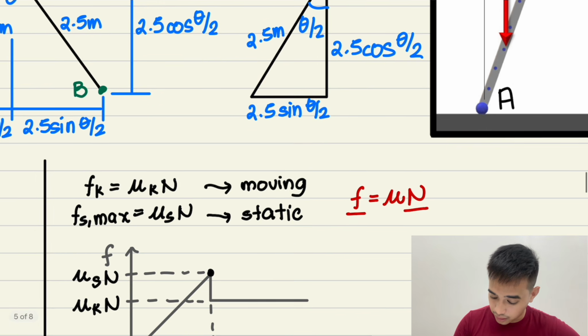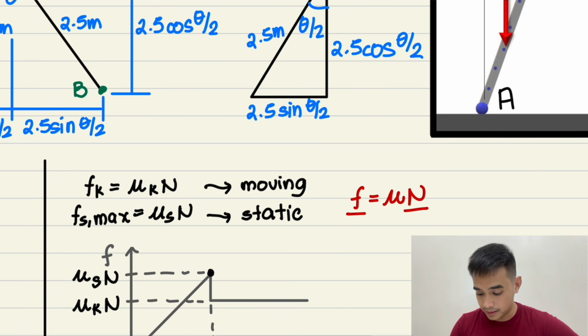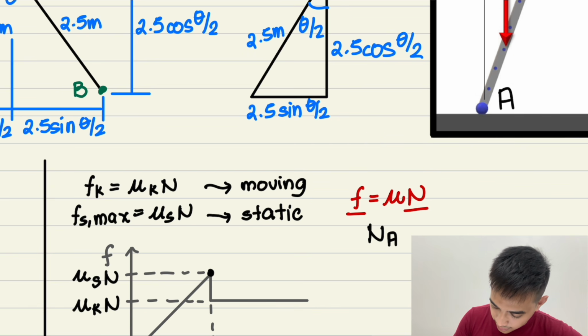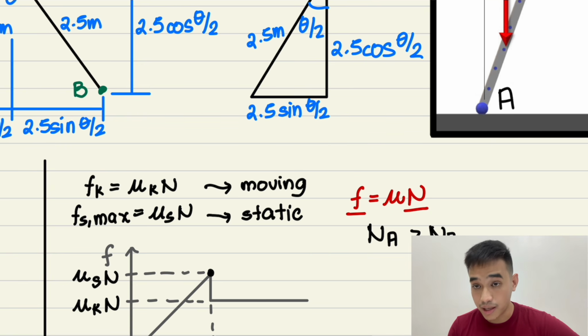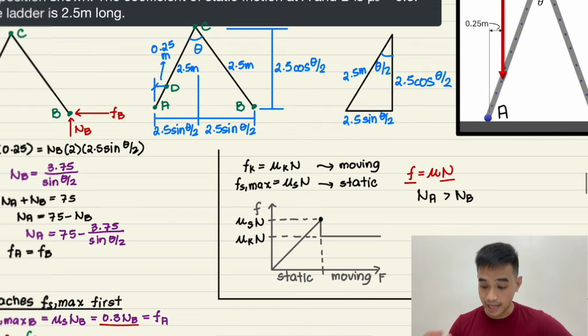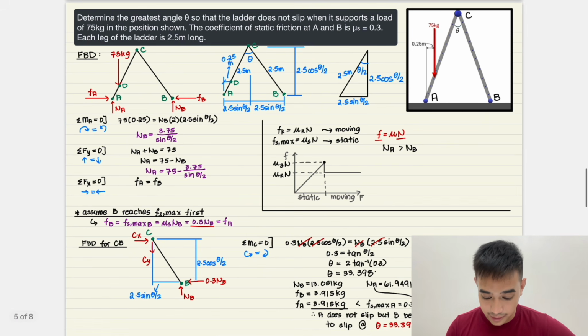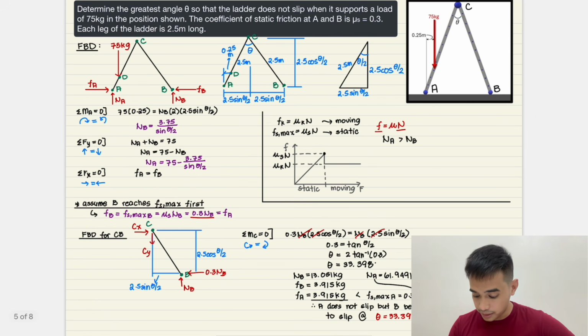And since our formula for friction states that the friction force is linearly related to the normal force, as we increase the normal force, our friction force also increases. And since NA will always be greater than NB, then Fs max for A will always be greater than Fs max for B, which means that B will tend to move first before A. And that is why the greatest angle so that the ladder does not slip is indeed 33.398 degrees, with B slipping first.